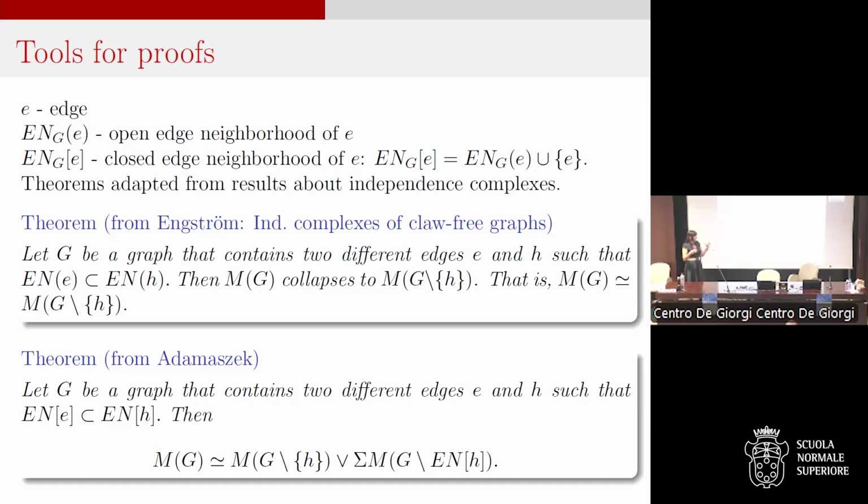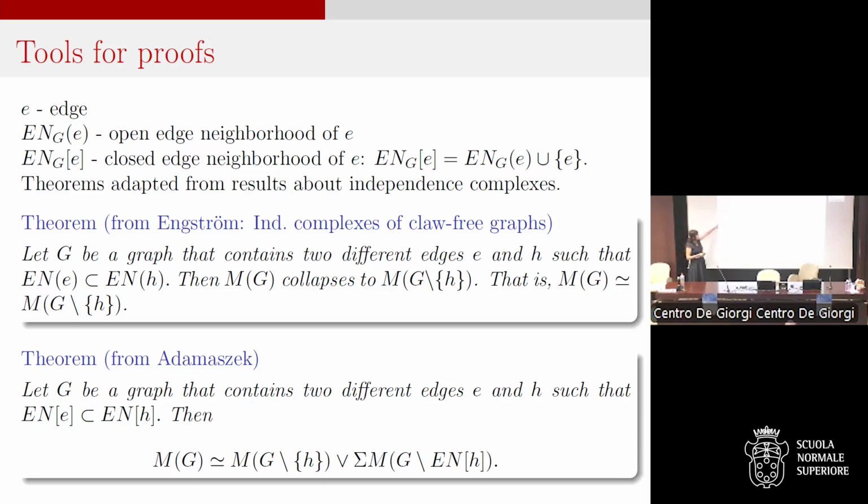For some of them, it was easy to translate. For the one on the next page, maybe not too obvious. So, for example, if I have a triangle, I have an edge whose neighborhood is inside the neighborhood of another edge, and maybe I should use that in the matching complex. So I go to combinatorics, and somehow I see that I can collapse things there.